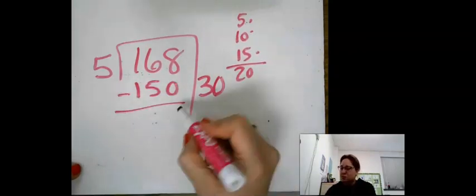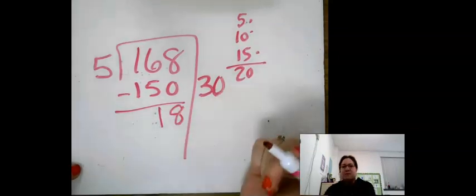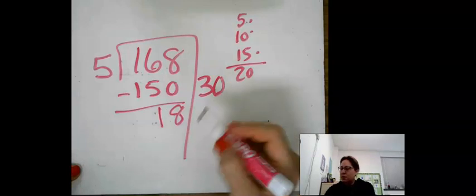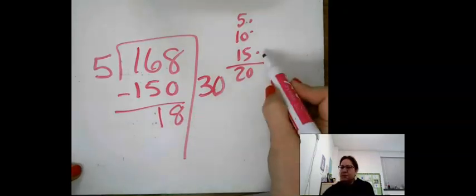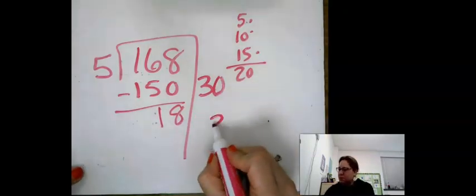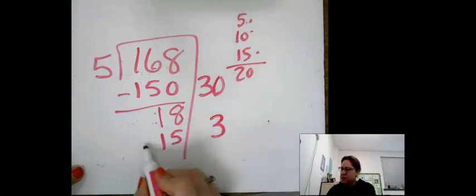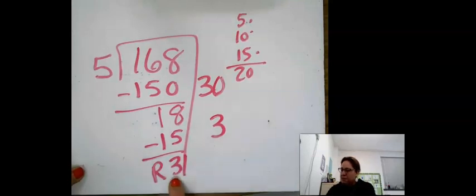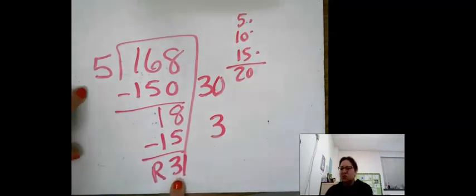Next step is to subtract. It leaves me with 18. How many times can 5 go into 18 without going over? Look, it's the same thing. So 5 times 3 is 15, and we are left with a remainder of 3. I'm stopping because this 3 is smaller than my divisor of 5.